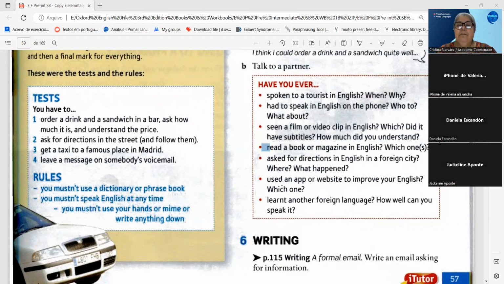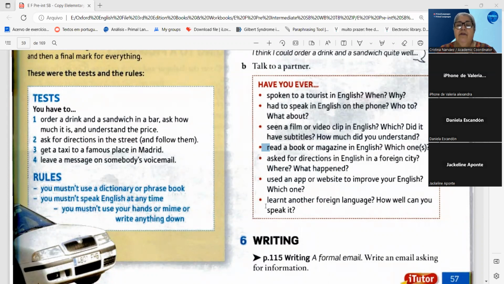Now, Daniela, have you ever used an app or website to improve your English? Yes, I have. One. The app of, I don't remember the name. Okay, no problem.